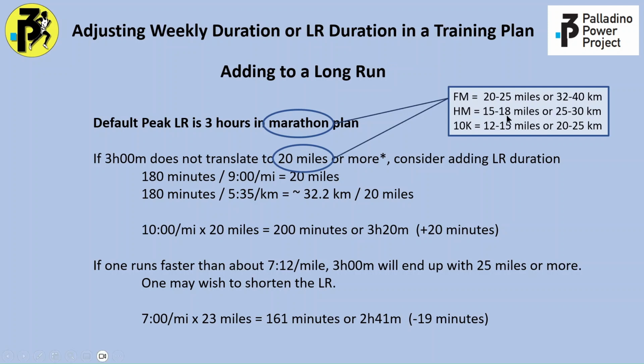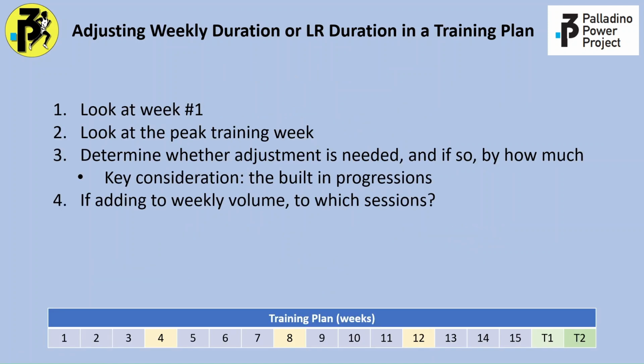Well, here's my usual targets for a half marathon. I like athletes to get at least to 15 and stronger athletes up to 18 miles or 25 to 30 kilometers. 10K, 12 to 15 miles would be the peak long run, or 20 to 25 kilometers. So you just look at those, do the maths, and adjust the long run accordingly for the duration.